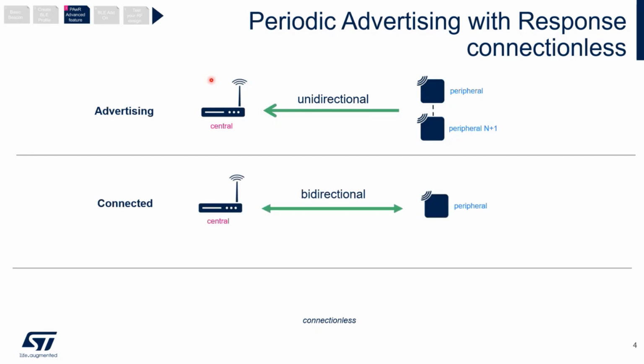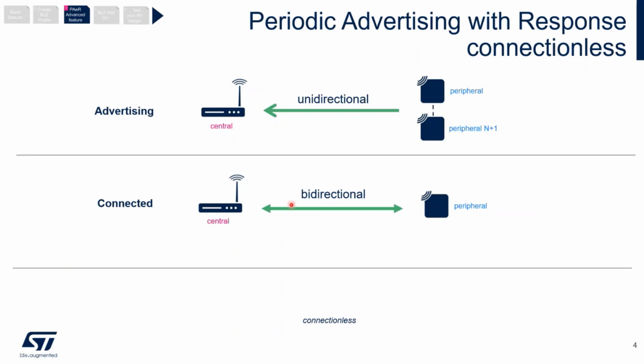The only way to move to a bidirectional communication is to enter into connected mode, which is the other mode of Bluetooth Low Energy. Either you are advertising or connected. In connected mode, you can do a bidirectional communication from central to peripheral and peripheral to central.